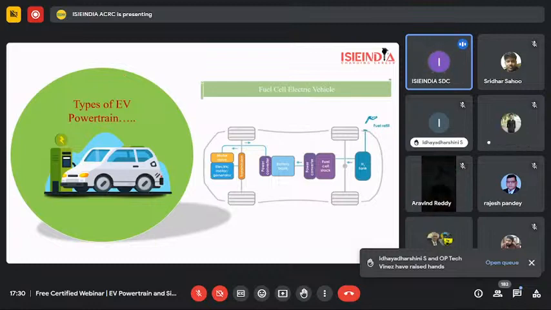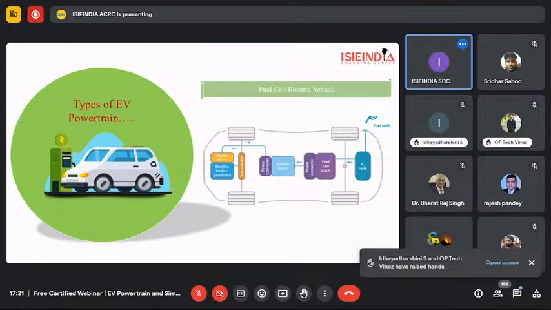If hydrogen is stored in a tank, we require a large amount of pressure, and keeping that pressure in a vehicle is sometimes very risky. If something explodes or an accident happens, it is very harmful. So the main concern of the hydrogen fuel cell electric vehicle is the storage of hydrogen.